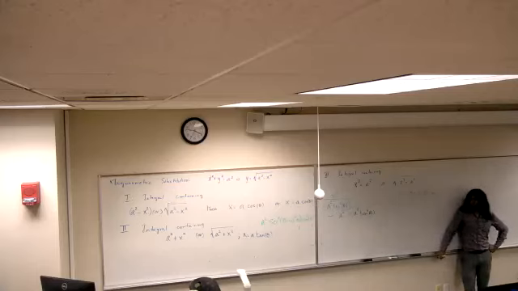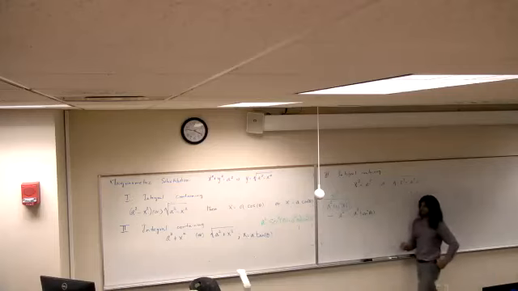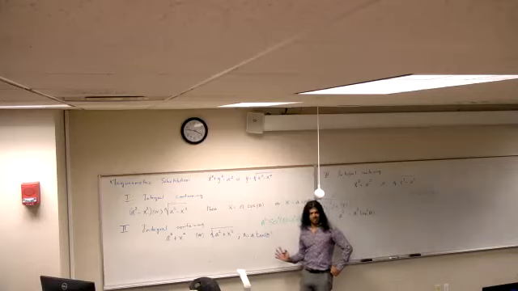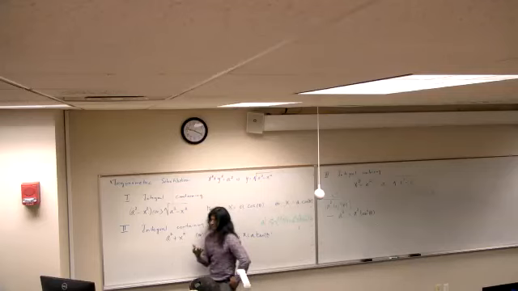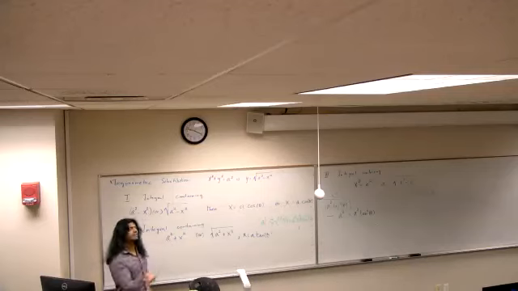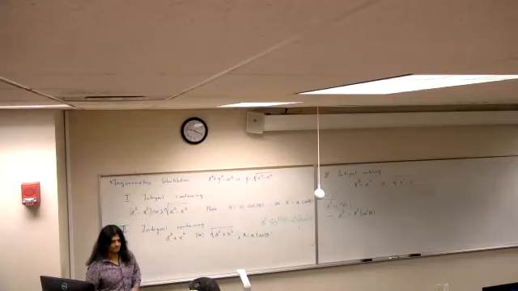But Caleb said, why not cosecant? Perfectly fine. You can use cosecant. Could you use cotangent? Perfectly fine. There is that relationship between cosecant, cotangent, secant, tangent. Good.